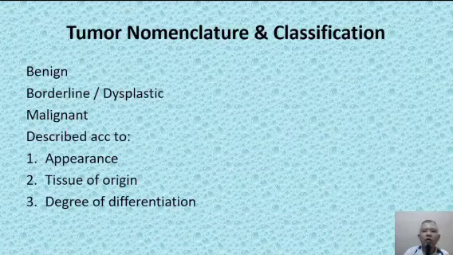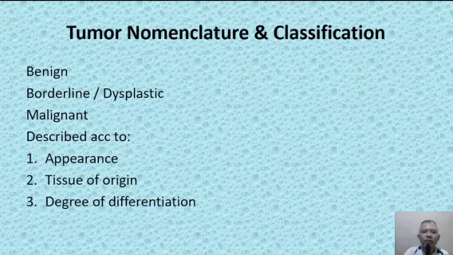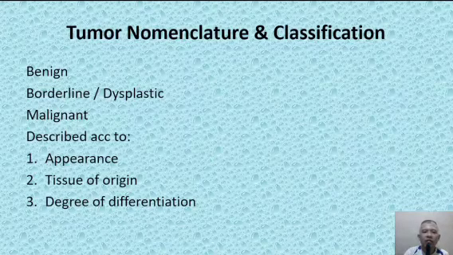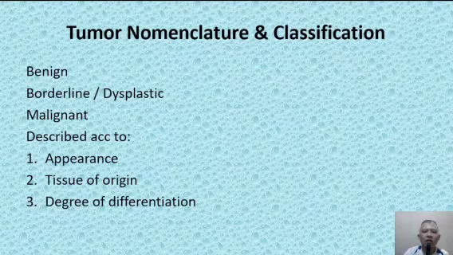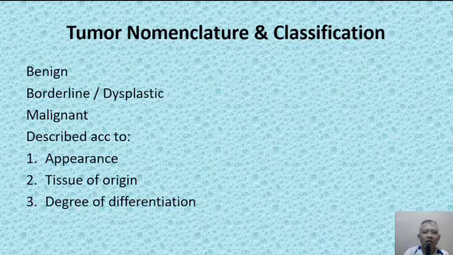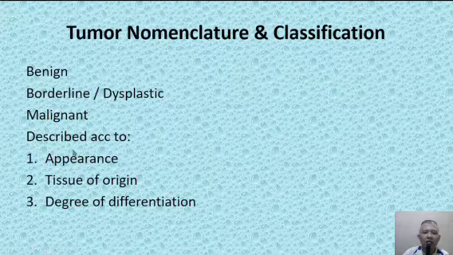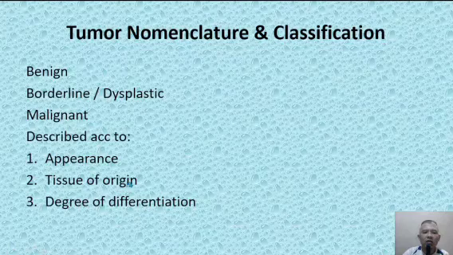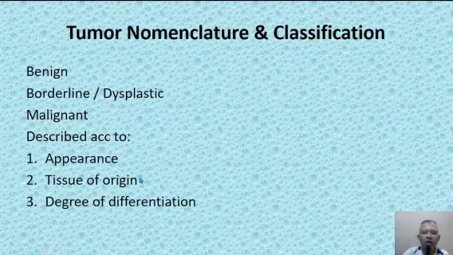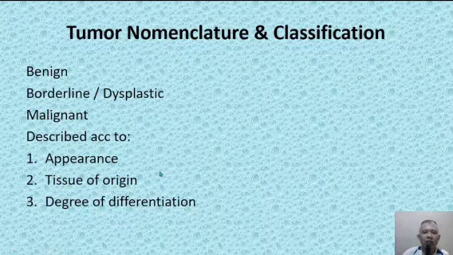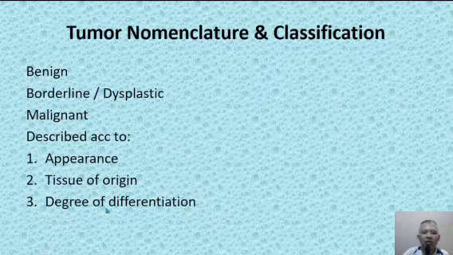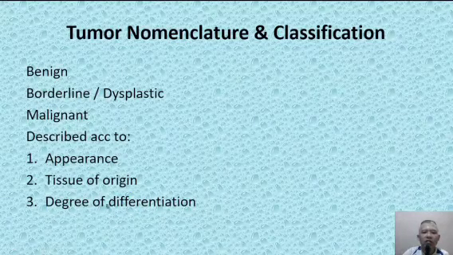So how do we call tumors? So in this sense, neoplastic tumors, how do we call them? Either we classify them as benign, borderline or dysplastic, or malignant, and described according to appearance, the tissue of origin, whether it is derived from the endoderm, mesoderm, ectoderm, or the degree of differentiation.